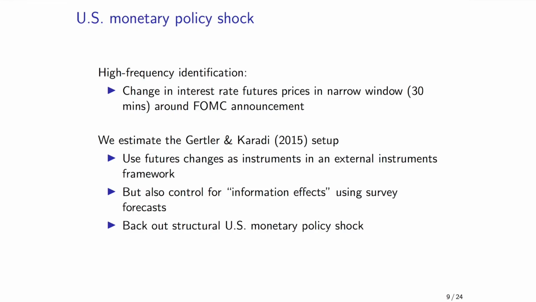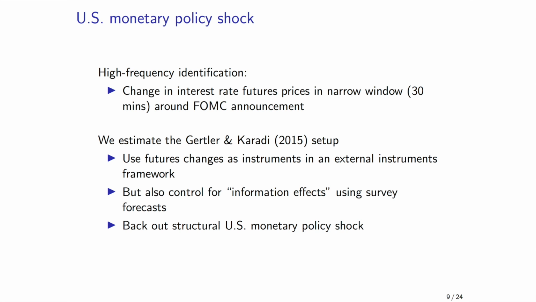And the idea is that the futures prices are supposed to capture all expectations about what the Fed's going to do. So if they change right after the announcement, then it must be because of something that the Fed did or the Fed said. Okay? And then the other assumption that's embedded in here is that in that narrow window, here we're going to use a 30-minute window, it's unlikely that something else happened that also moved the futures market. So that's kind of your identifying assumption.